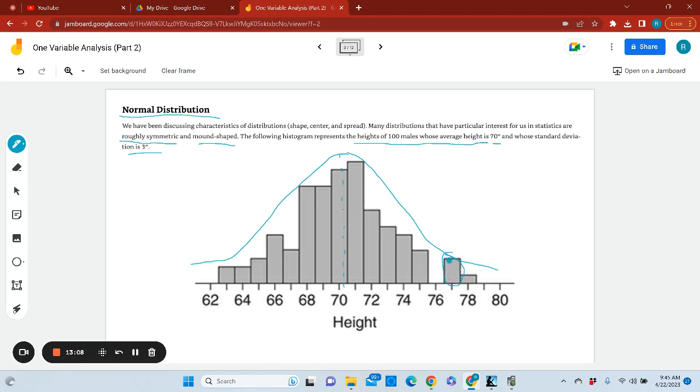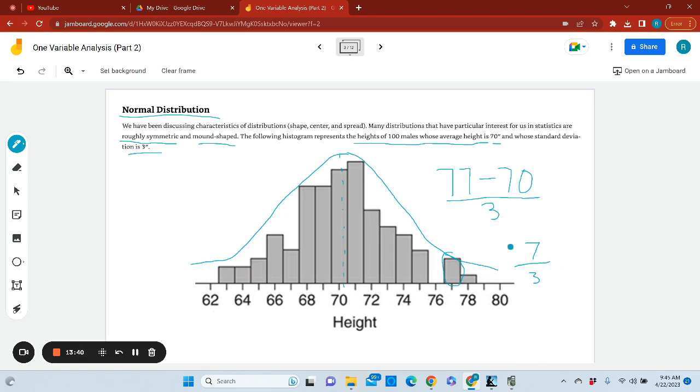So if I wanted to figure out this person's z-score, or how many standard deviations above average they were, they earned a 77 on an exam that had an average score of a 70 with a standard deviation of 3 points. So 77 minus 70 is they scored 7 points above the average, and a standard deviation was 3 points.